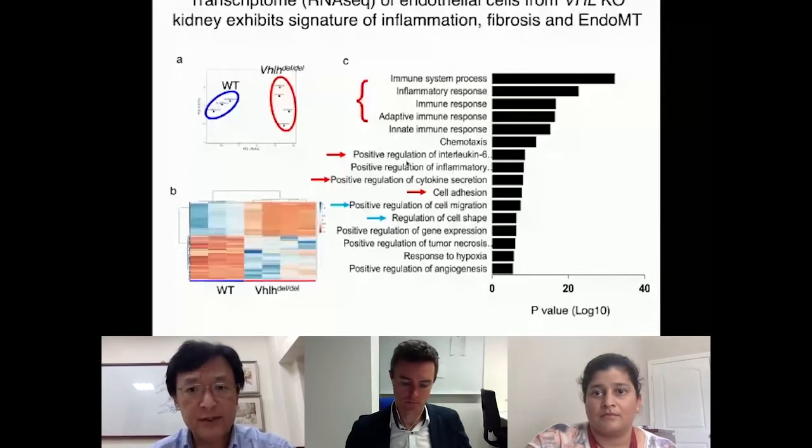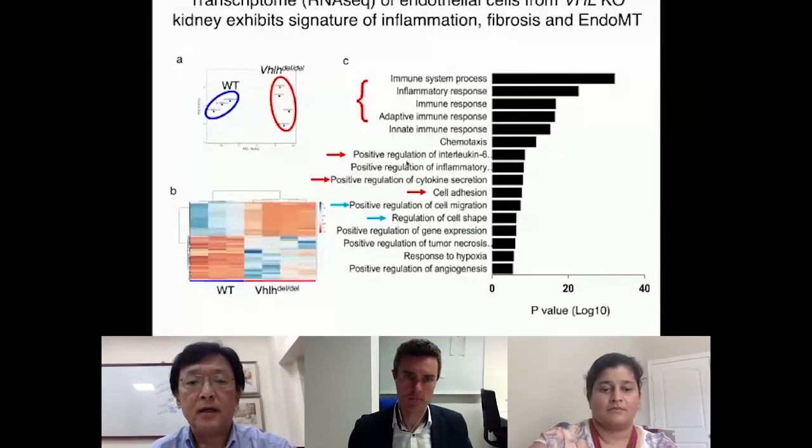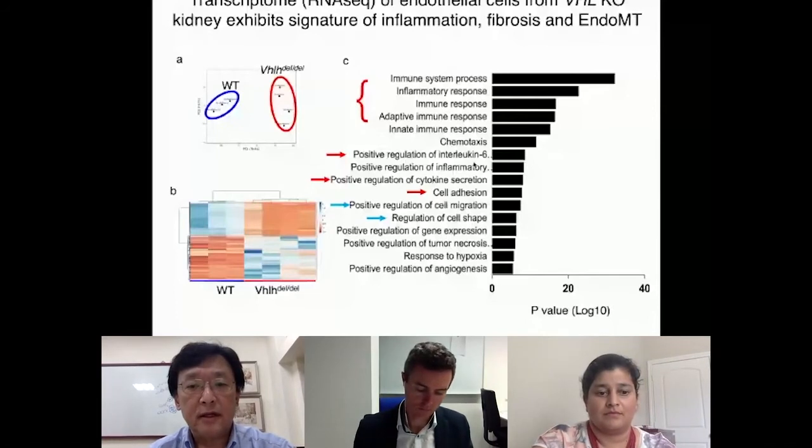You can also see the production of IL-6 and cytokine secretion, even though these are endothelial cells. Also cell adhesion changes, cell shape change, and cell migration.